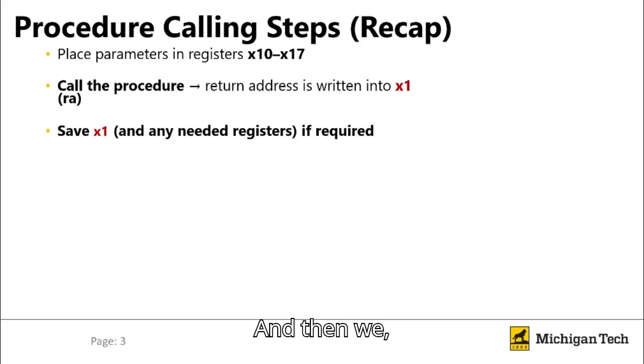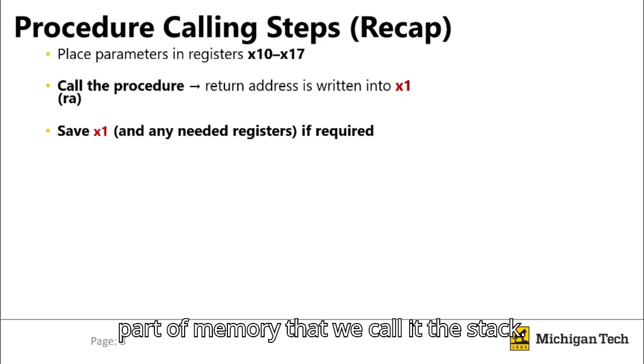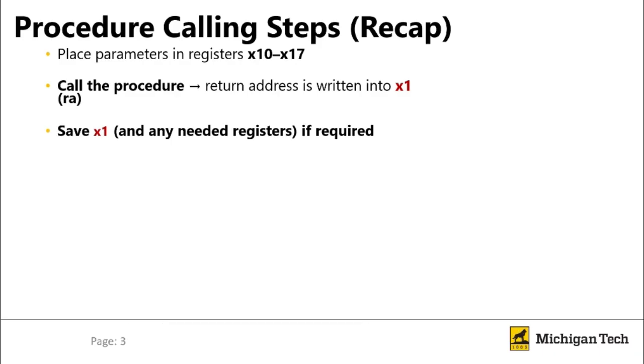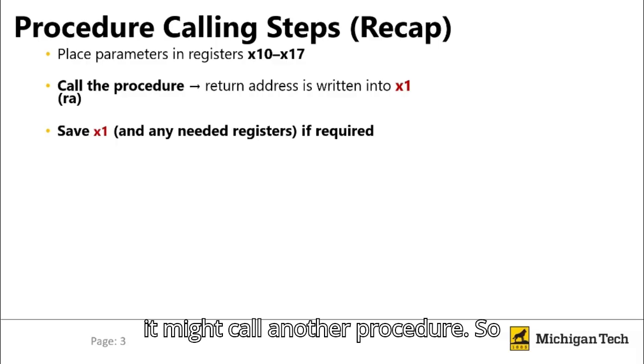And then, if we need, we can save x1 in another part of memory that we call the stack. Why do we save x1? Because this procedure might not be a leaf. It might call another procedure.